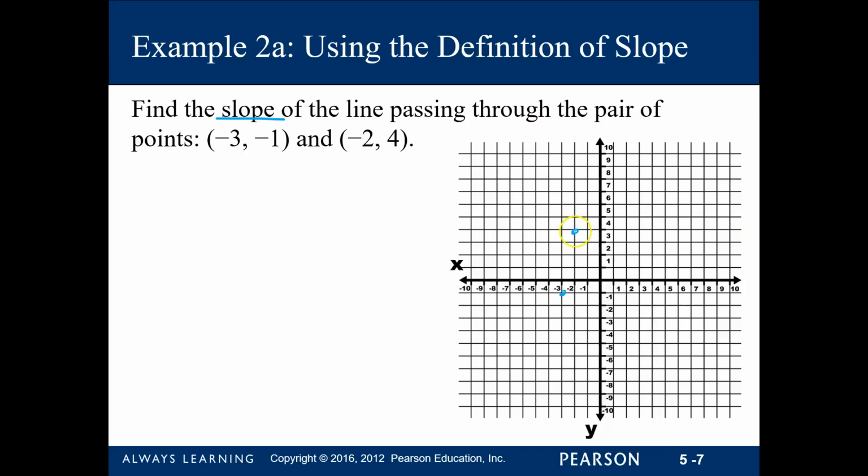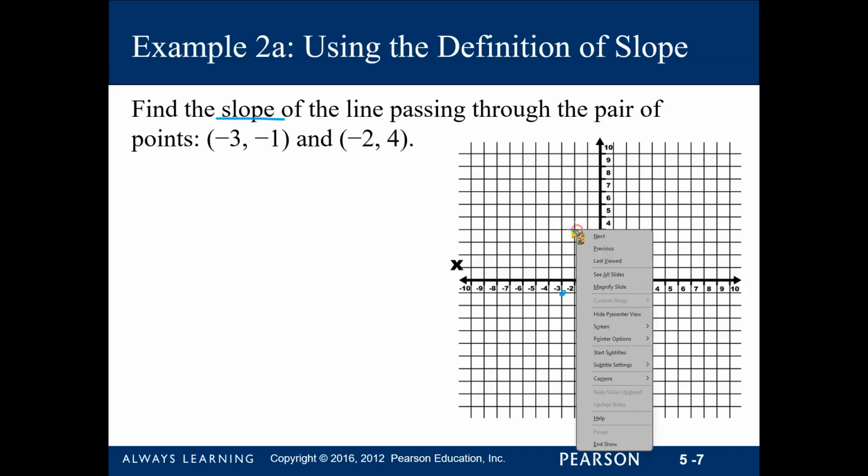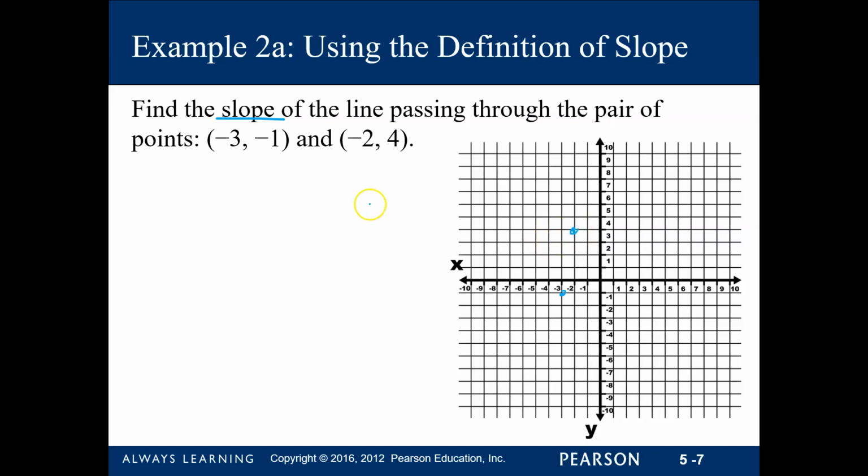When we have 2 points of the line and we're looking for the slope, all we need to do is look for the rise over run. Remember, slope is rise over run. From the point (-3, -1), how do we move to go to the next point? Do we go up or do we go down? Going to this next point, we have to go up. By how much?